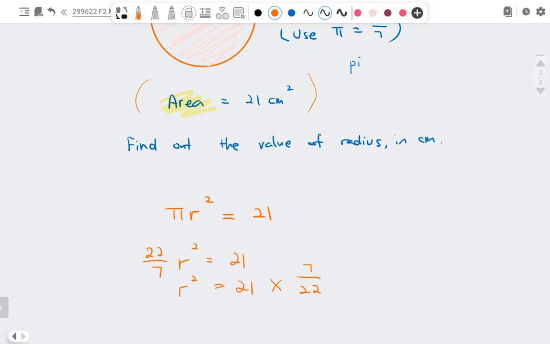If you change it to multiply, then you have to turn it upside down. After you get the answer, don't forget there is a square. If you move the square to the other side, it becomes square root. So the square root of the answer is the radius.